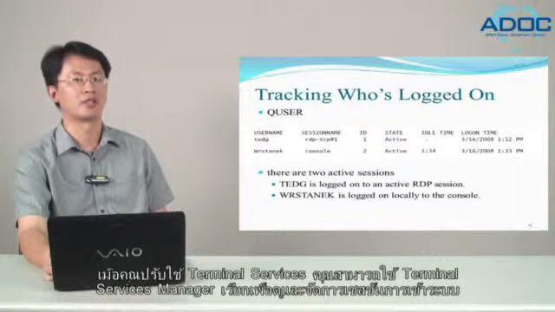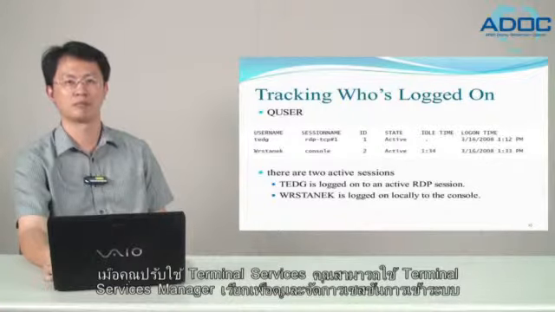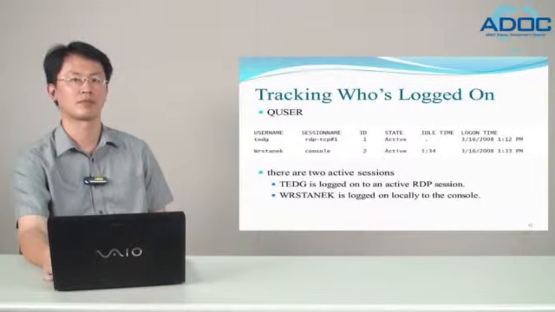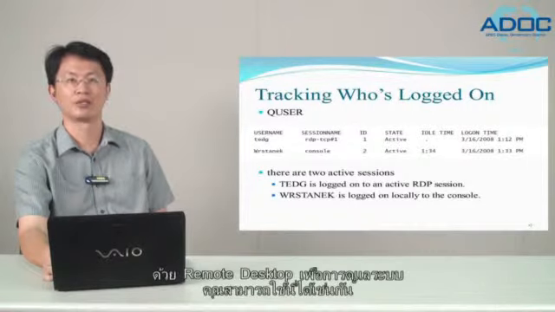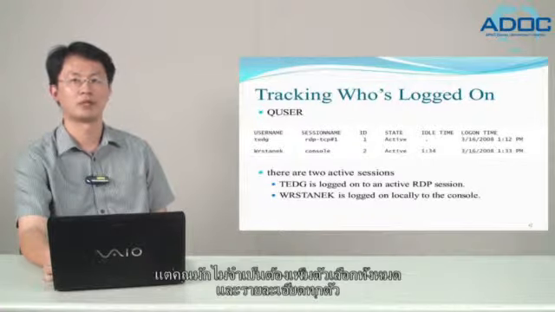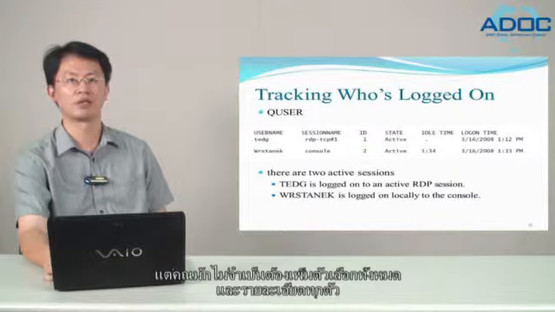When you deploy Terminal Services, you can use the Terminal Services Manager to view and manage logon sessions. With Remote Desktop for Administration, you can use this as well. But you typically don't need all the additional options and details.